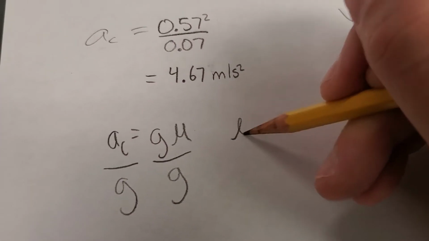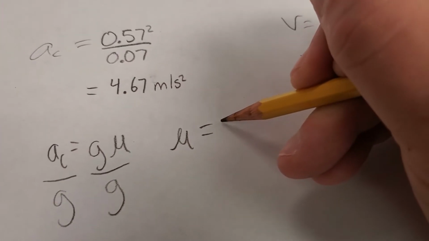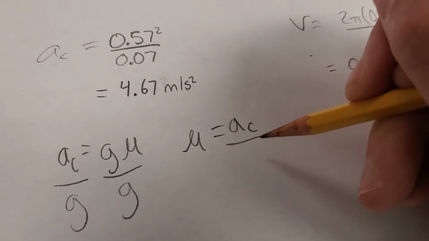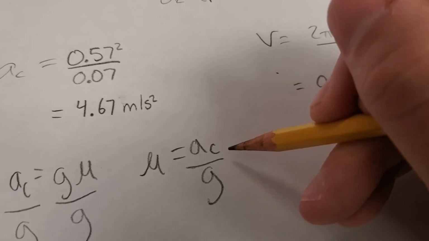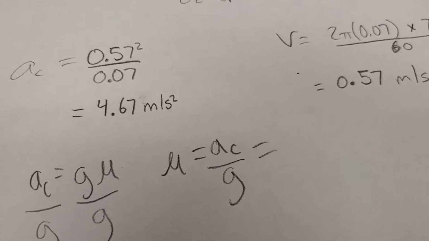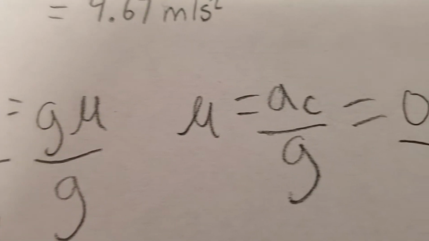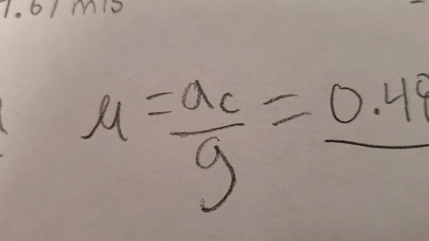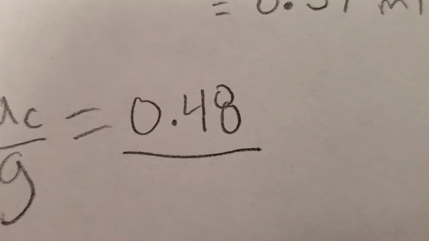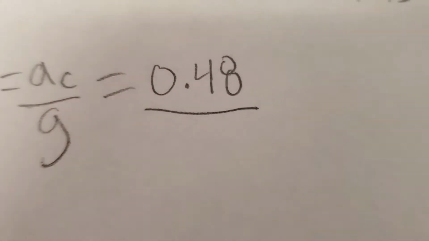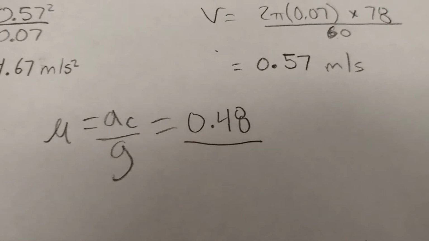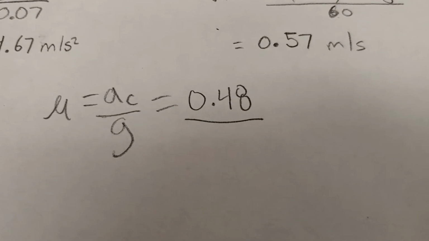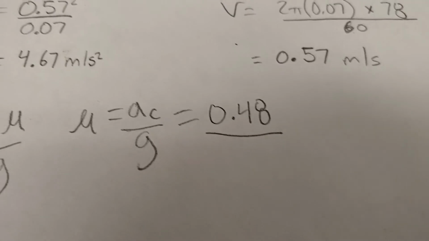We say, okay, mu is equal to our centripetal acceleration divided by gravity. So what does that give us? Using this formula, we get that mu is equal to 0.48. Very good, 0.48.